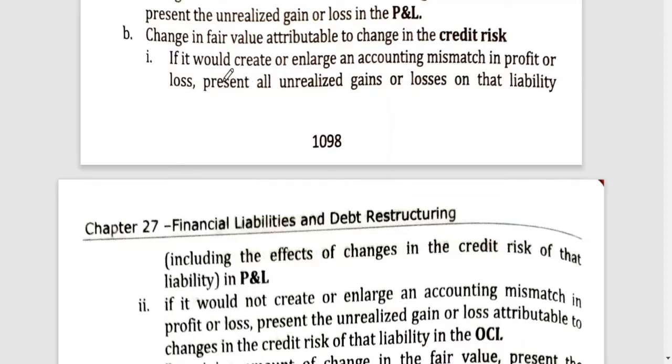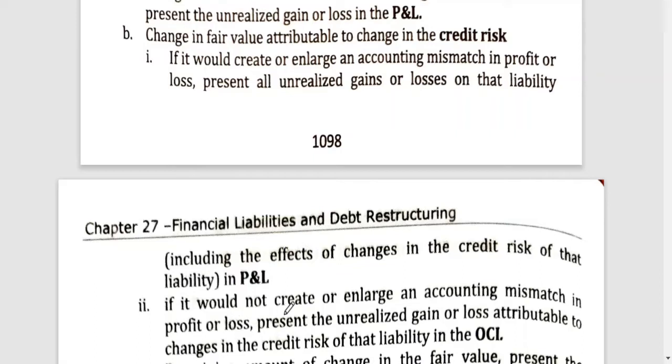presentation. So if it would create or enlarge an accounting mismatch in profit or loss, it shall present all unrealized gain or losses on that liability, including the effects of changes in the credit risk of that liability, in the profit or loss.